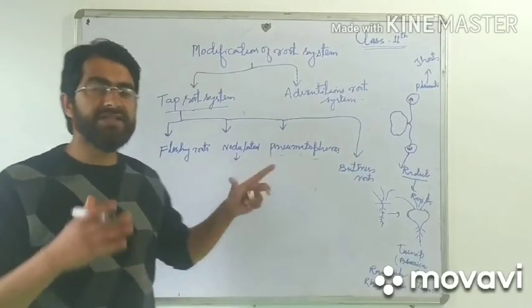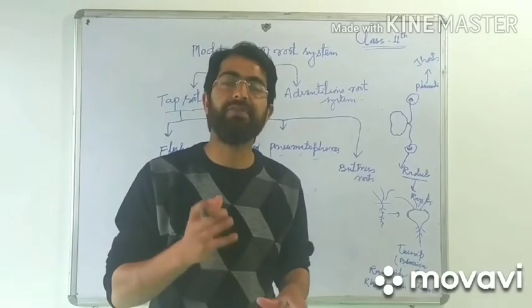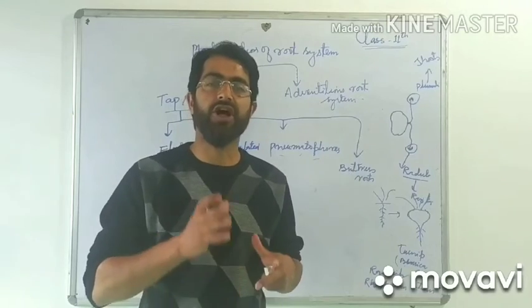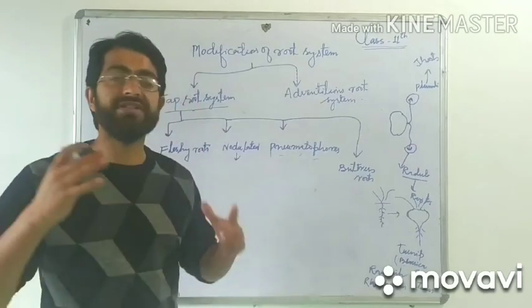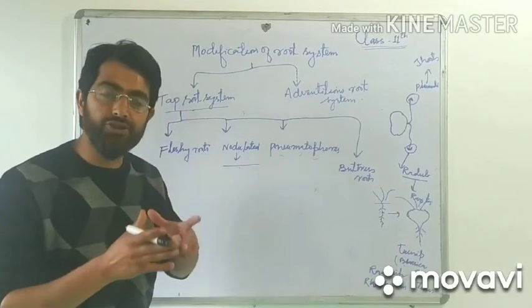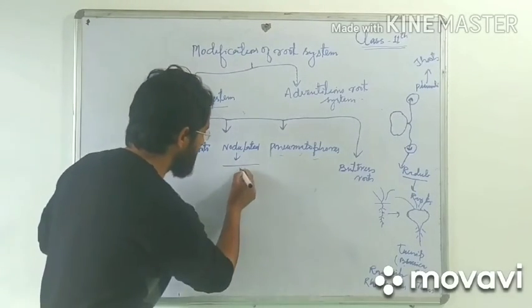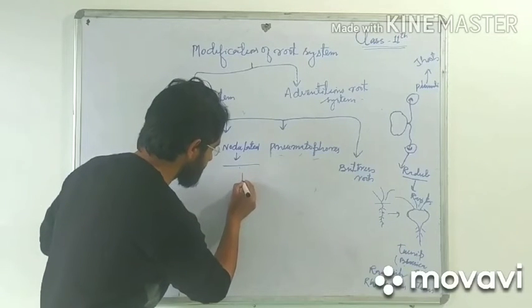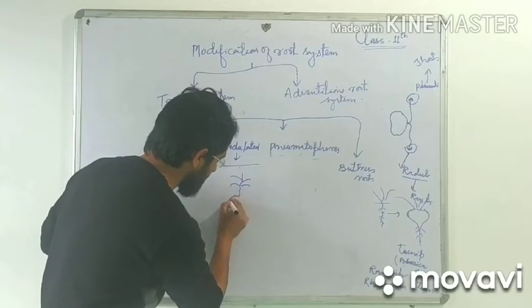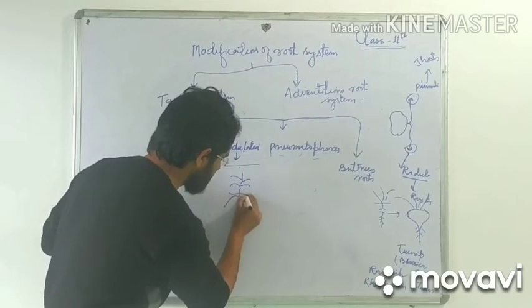Now nodulated roots. Some roots are in association with bacteria for nitrogen fixation. Such associations are known as symbiotic associations. When we see their roots, we see associations with bacteria. They have a typical structure. This is a plant and this is the root structure.